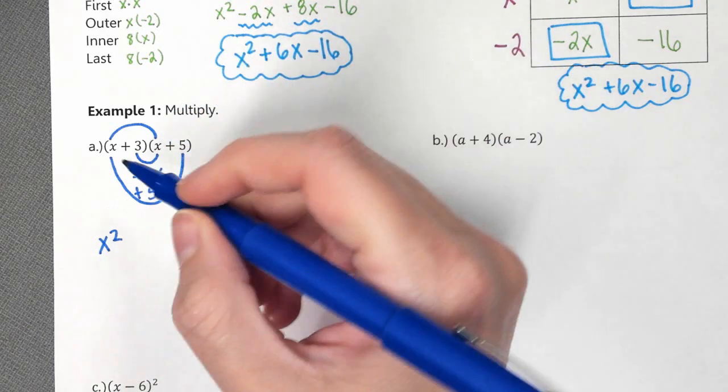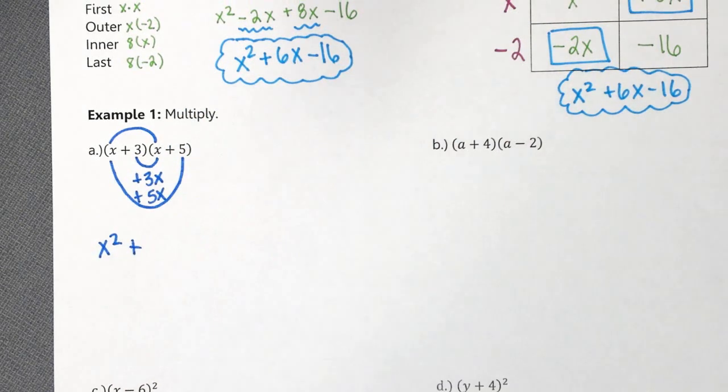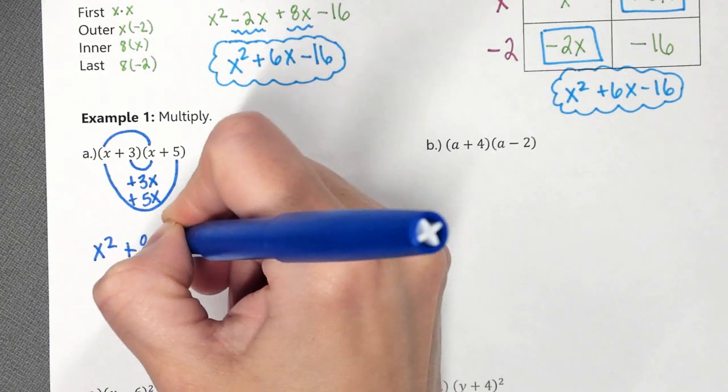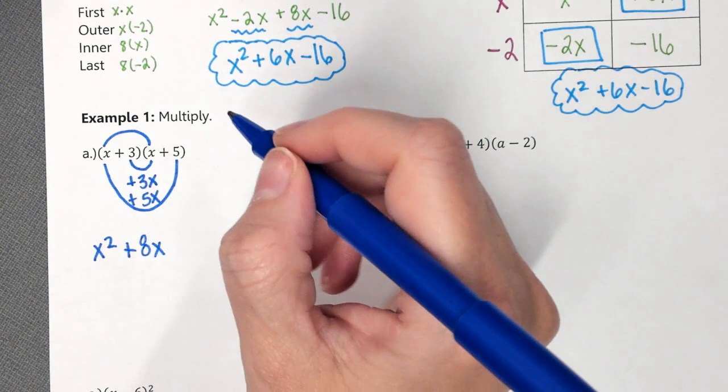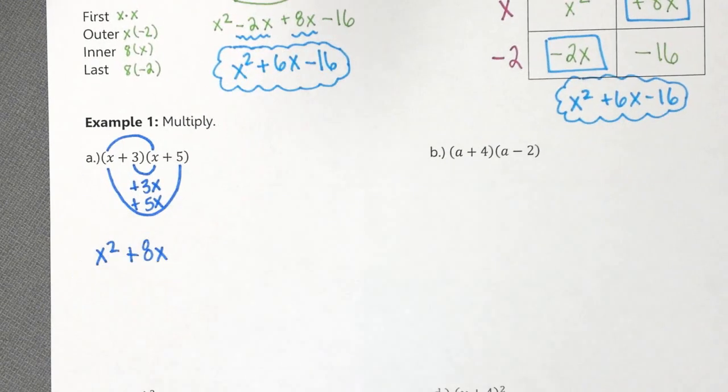So if I write them there, I can just add them together right away. Because now I can just do 3x plus 5x to get 8x. And I feel like it saves me a little bit of time than writing it out horizontally.